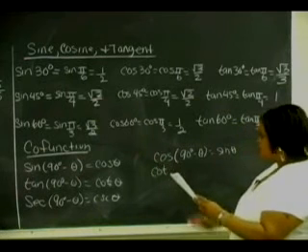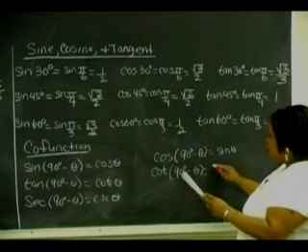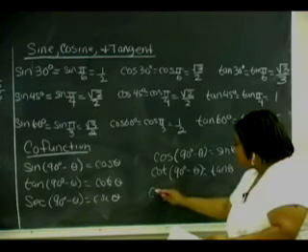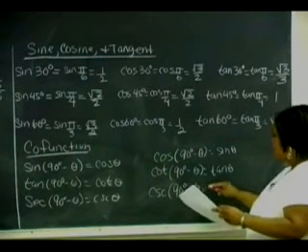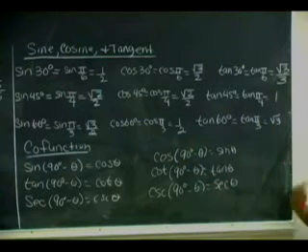Cotangent of 90 degrees minus theta equals tangent theta. And cosecant of 90 degrees minus theta equals secant theta.